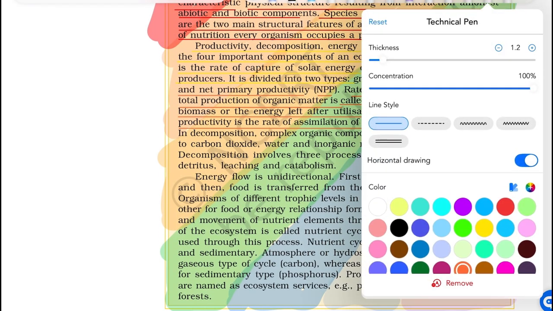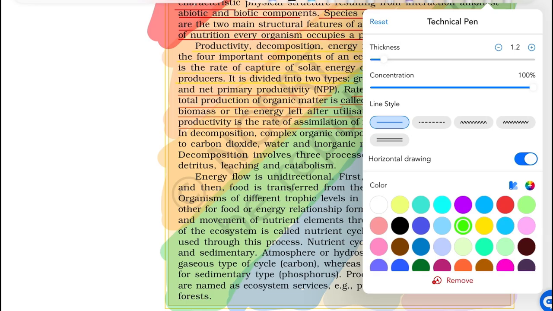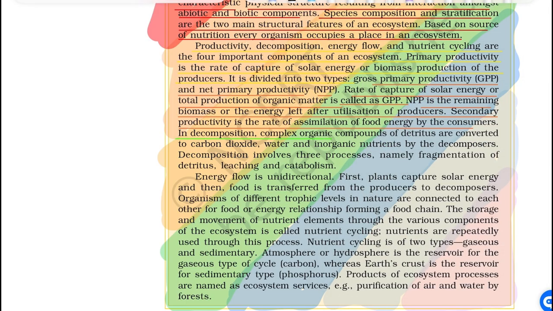In decomposition, complex organic compounds of detritus are converted into carbon dioxide, water, and inorganic nutrients by the decomposers. Decomposition involves three processes, namely fragmentation of detritus, leaching, and catabolism. Energy flow is unidirectional.